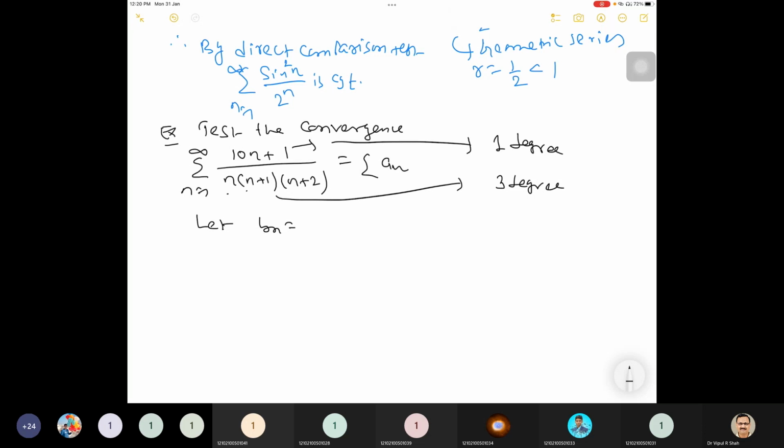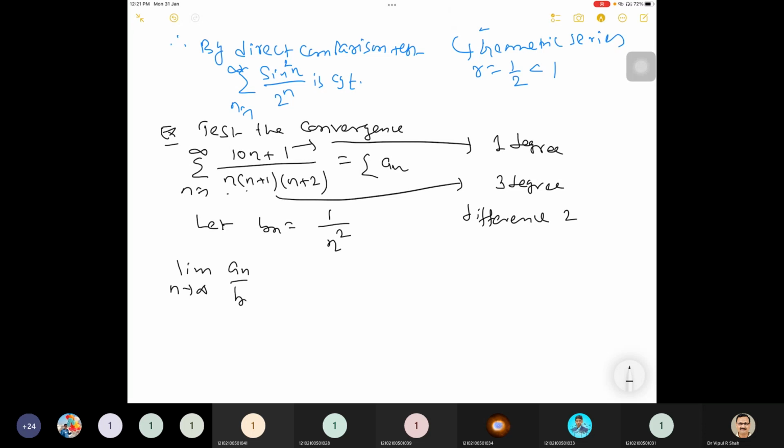What is the difference of power? 3 and 1, that is 2. So select Bn like this, 1 upon n square.